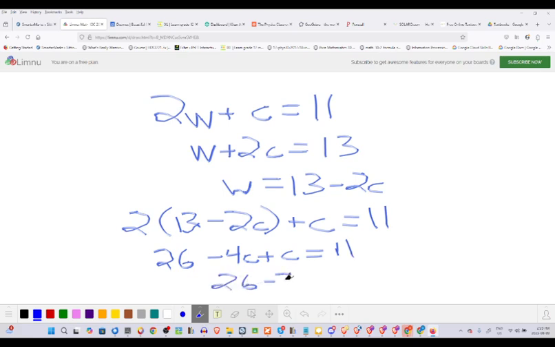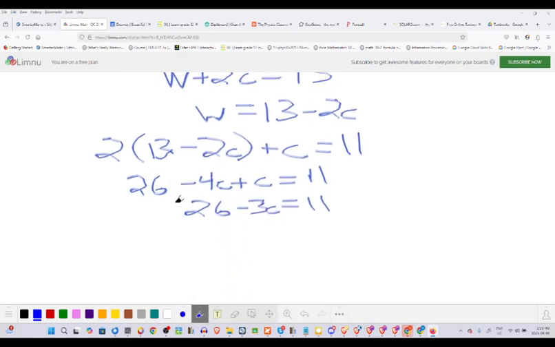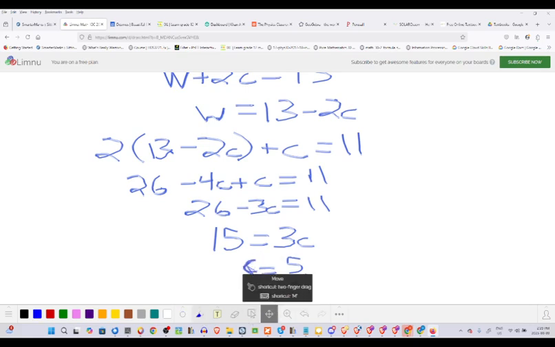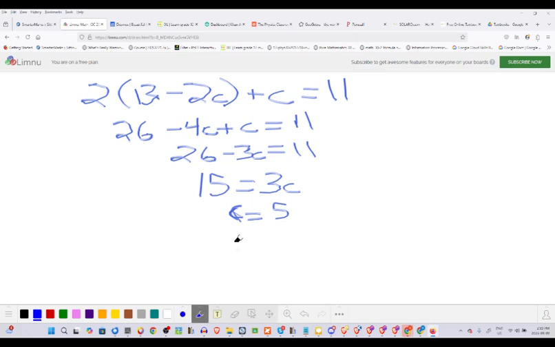So 26 minus 3 cones is 11. So that gives us 15 equals 3 cones. That's supposed to be a C. That's the problem with using a web-based whiteboard. So our cones are 5. And when we substitute that in above, we get our watermelons are 3.